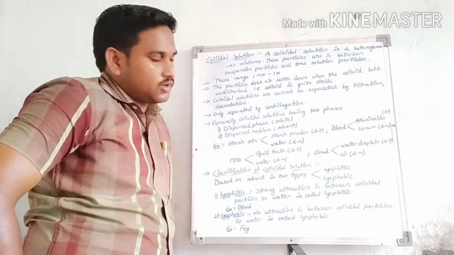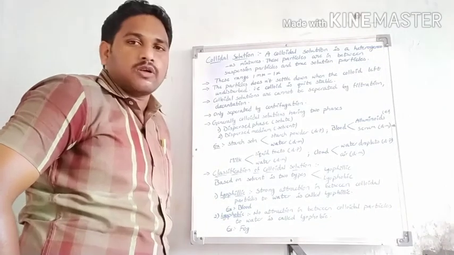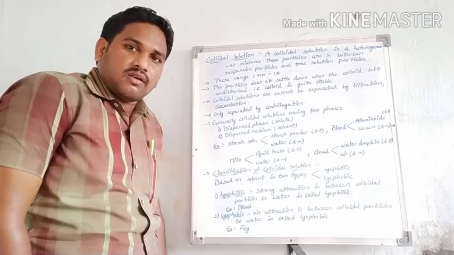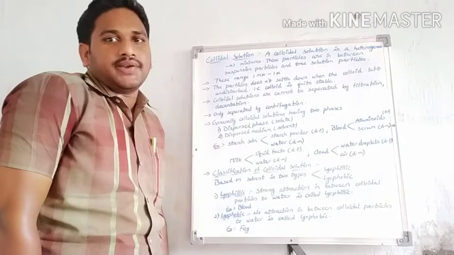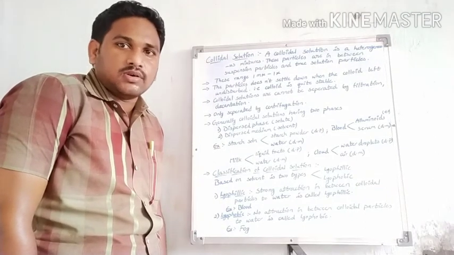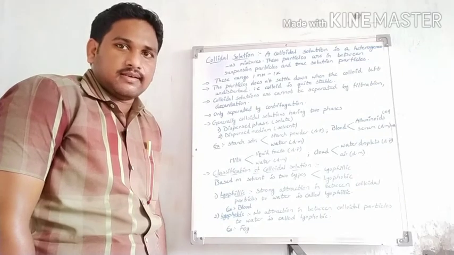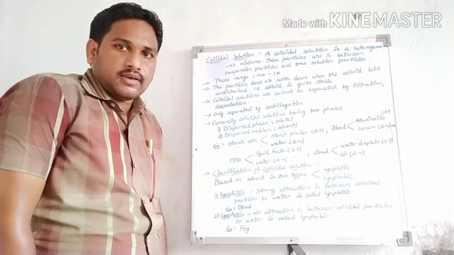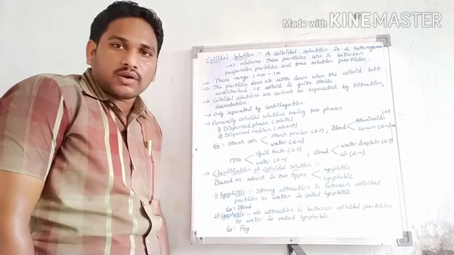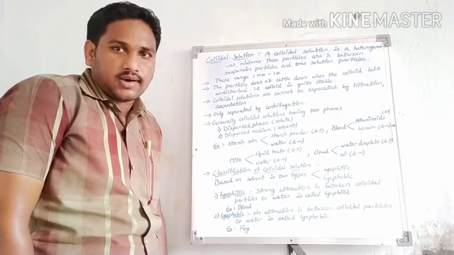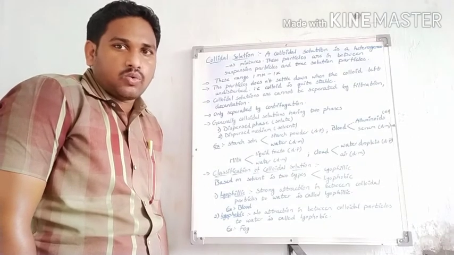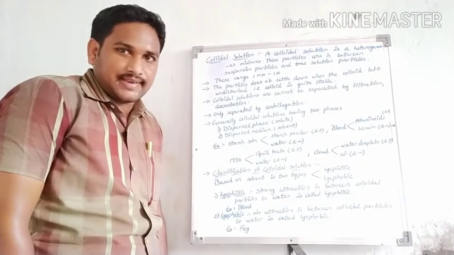And one more, these lyophilic colloidal solutions have very strong attraction with water molecules, so the solutions are more solvated. Solvated means a number of water molecules are around the colloidal particles.